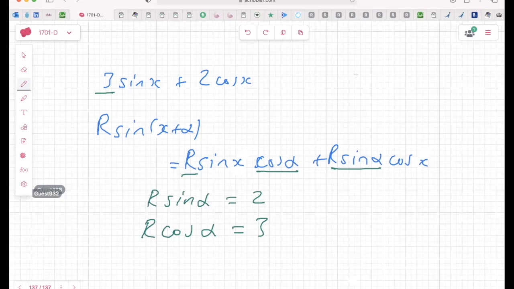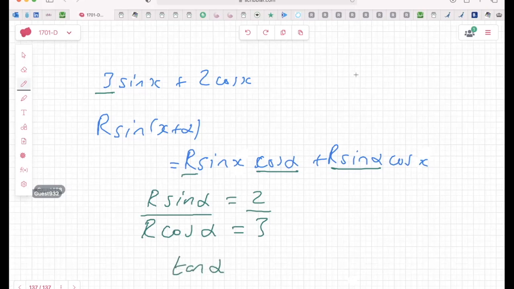Now, basically what I'm trying to find is what r is, what is the new height of this combination of waves, and what is the angle, what's the translation, which is the alpha that we're looking for. So I'll just divide them. So r sine alpha divided by r cos alpha is tan alpha.